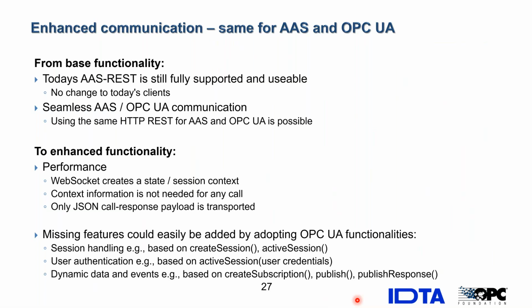Now, the enhancement offers improved performance, which means that we do not have the overhead of every HTTP header. But furthermore, it also enables the addition of currently missing features such as session handling, dynamic data, and user authentication, which are adopted from today's OPC UA functionalities.